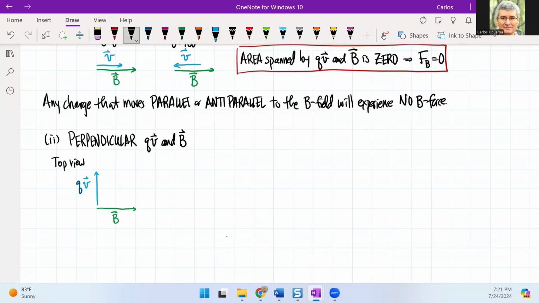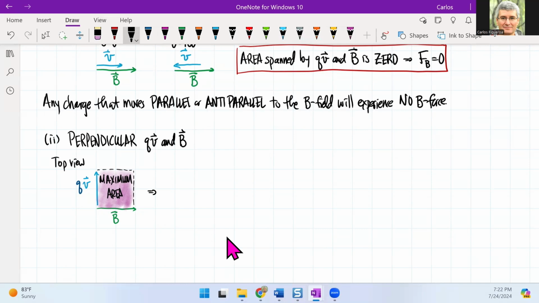So you could see here that if I start to look at this thing, this here represents the area. And you could see that this will then give you maximum area. But if it gives you maximum area, it has to give you maximum force.